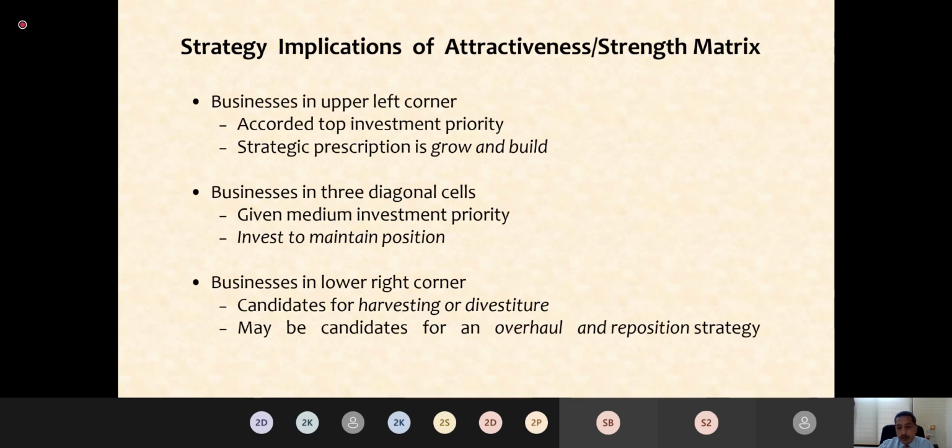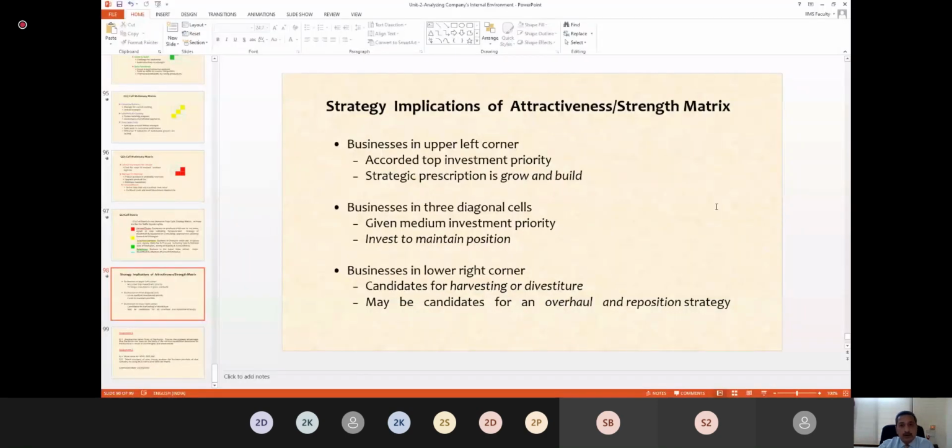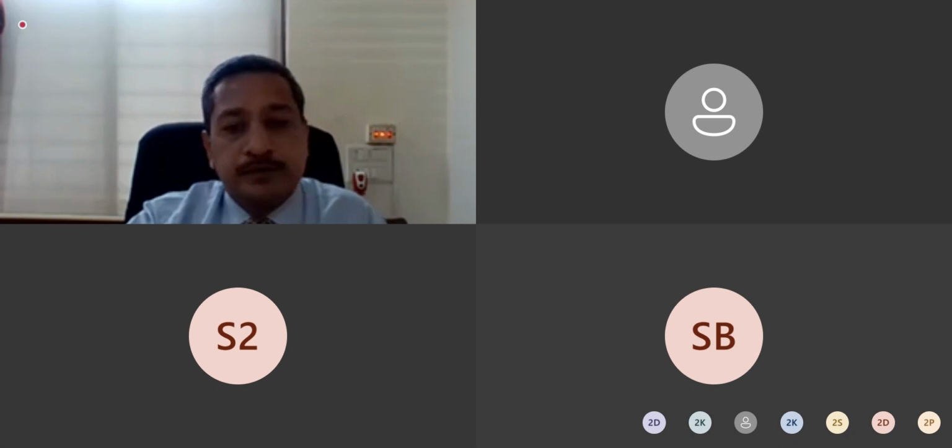These may be candidates for an overhaul or repositioning strategy. So either we can drop it completely, or we can redevelop these particular business units, and accordingly strategies can be developed for various business units. So this is the GE nine cell model which we have discussed, which is useful for business portfolio analysis.